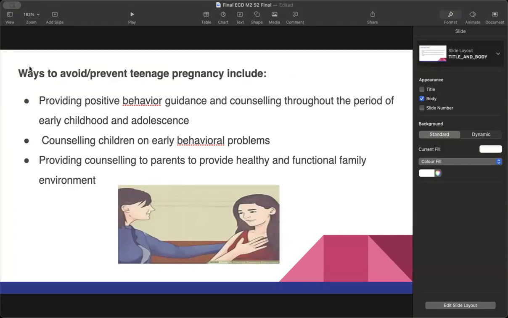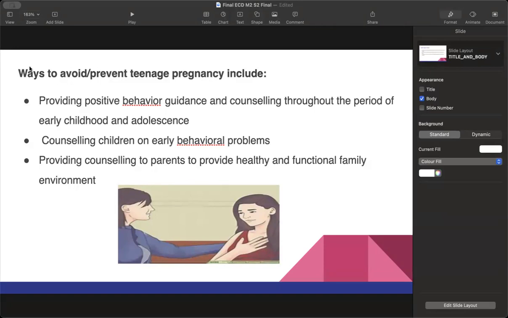Ways to prevent teenage pregnancy include providing positive behavior guidance and counseling throughout the period of early childhood and adolescence, counseling children on early behavioral problems, and providing counseling to parents to provide healthy and functional family environments.